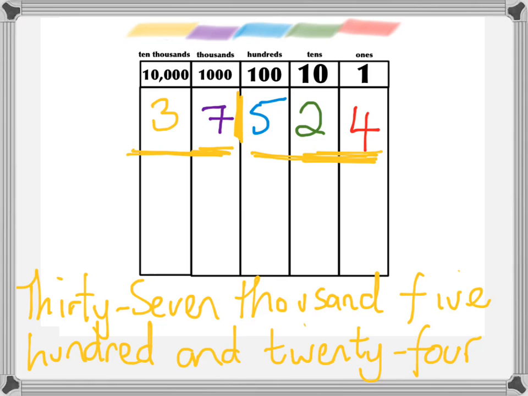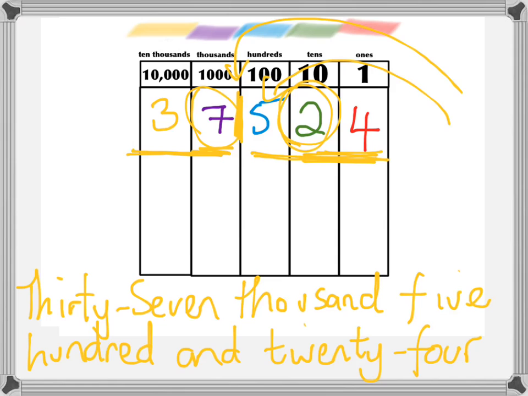So we're always going to say 1,000 when we get to here, and then 100 in here, and then 24. But we don't say 3 tens of thousands, because it's like the tens. So we say 37,000, and we say the thousand after the thousands columns.